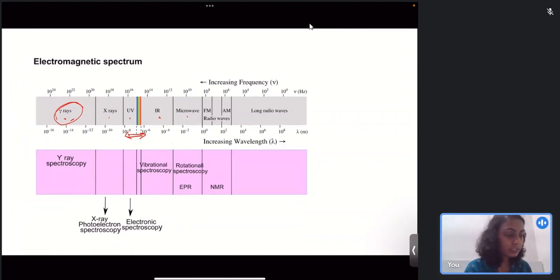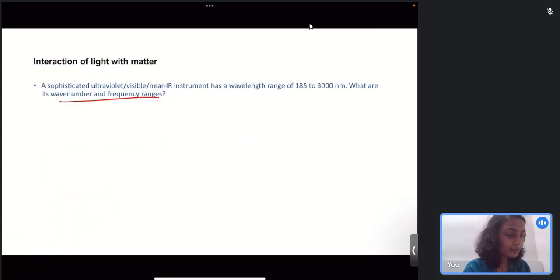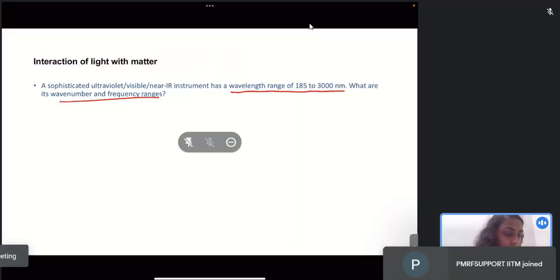Let's go over a question where we have been asked to find the wave number and frequency ranges from a given wavelength range. So if a sophisticated ultraviolet visible near IR instrument has a wavelength range of 185 to 3000 nanometers, what are the wave number and frequency ranges corresponding to that?